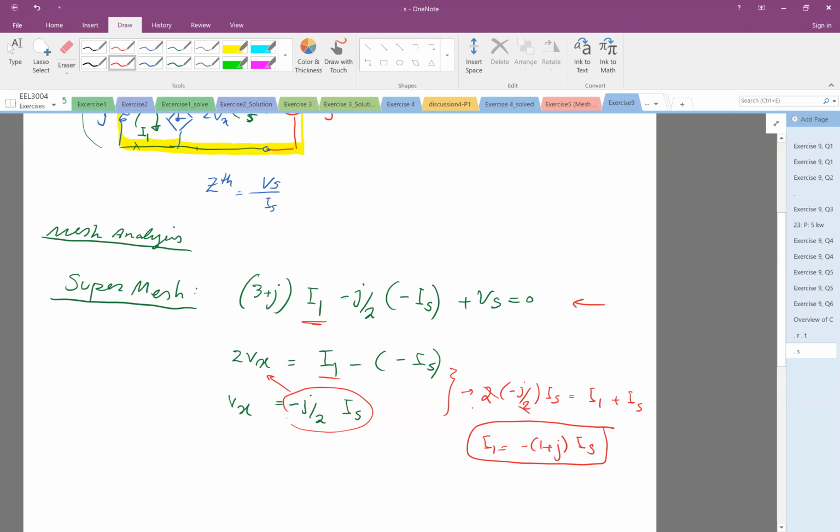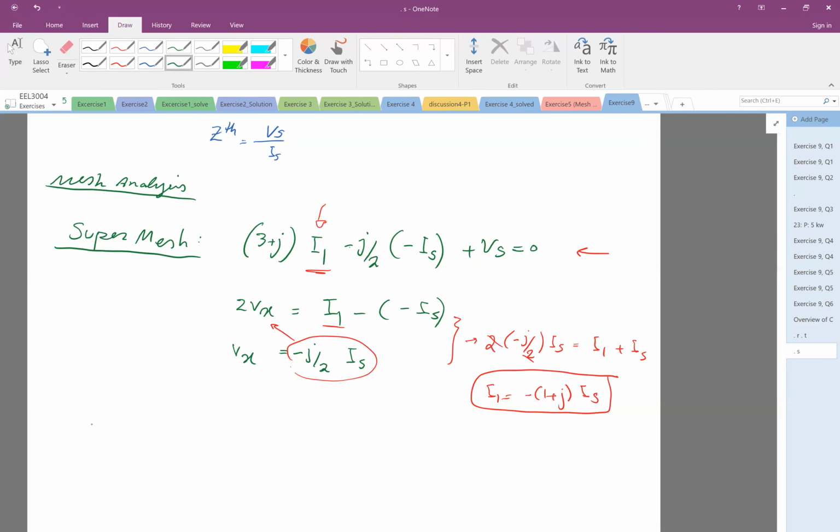Good, and then I put I1. So therefore 3 plus J times I1, which is 1 plus J plus negative Is. Minus and minus plus J over 2 Is. Plus Vs equal to 0.